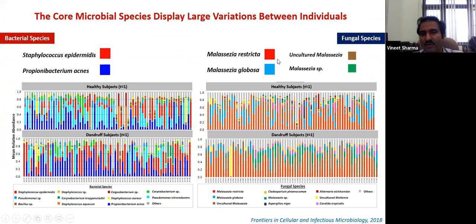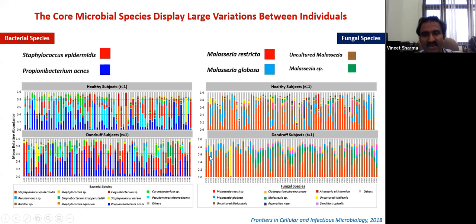So for these four players that were there in all the healthy and dandruff scalps, you can see that their proportion varies a lot across individuals. Each bar here is one individual, and you can see the proportion of these major players shown by these colors, six colors, because 40% of fungal species on our scalp were unknown, so they had to be accounted for here.